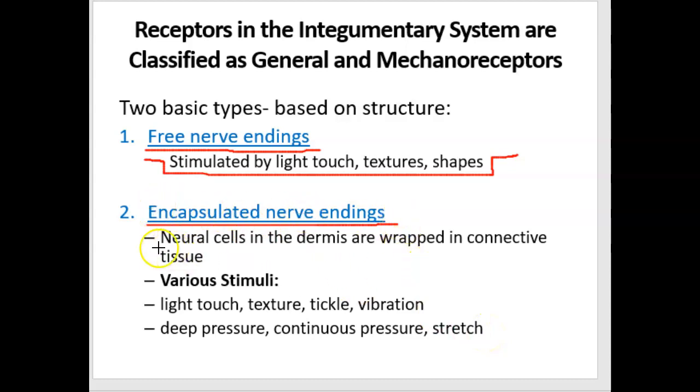Encapsulated nerve endings are the ends of neurons or neural cells wrapped in connective tissue, and these are all located in the dermis. They can detect various types of mechanical stimulation, as I mentioned previously. So let's look at a picture of these.